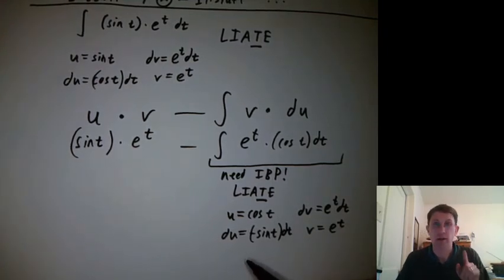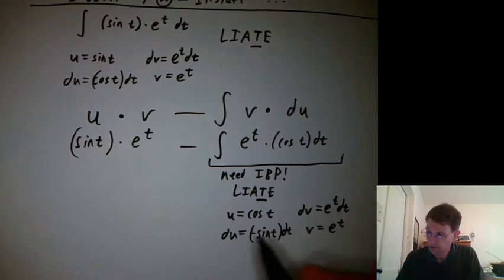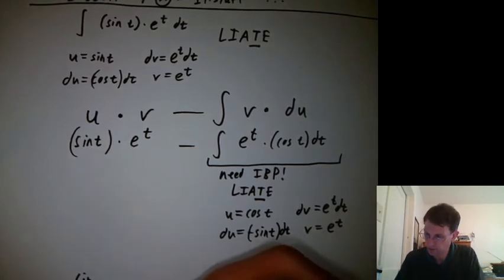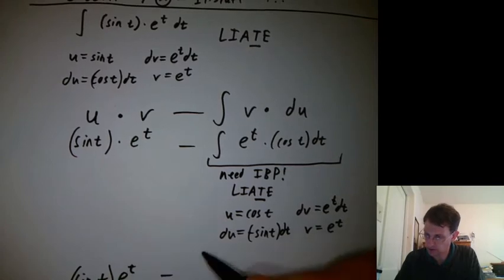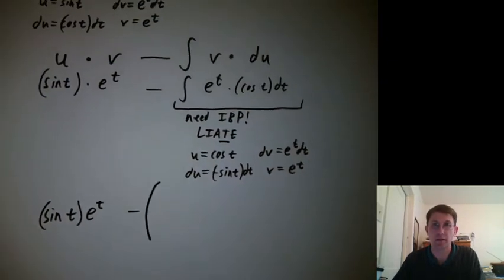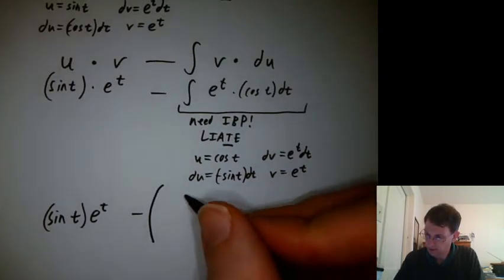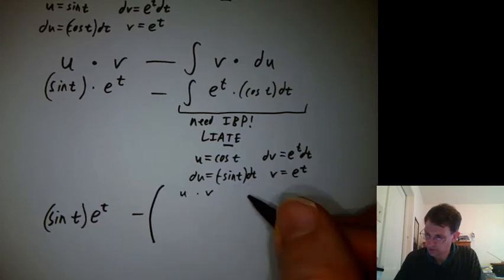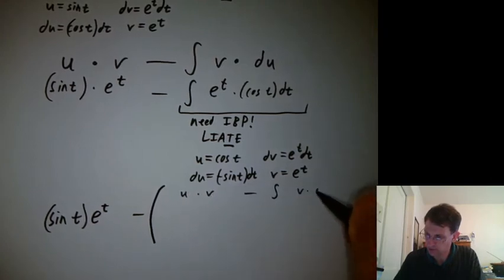And then we'll write the integration by parts formula. So let's kind of keep our whole thing together here. Sine t e to the t minus, and then this whole integral is within those parentheses. Let's write u times v minus integral v times du.